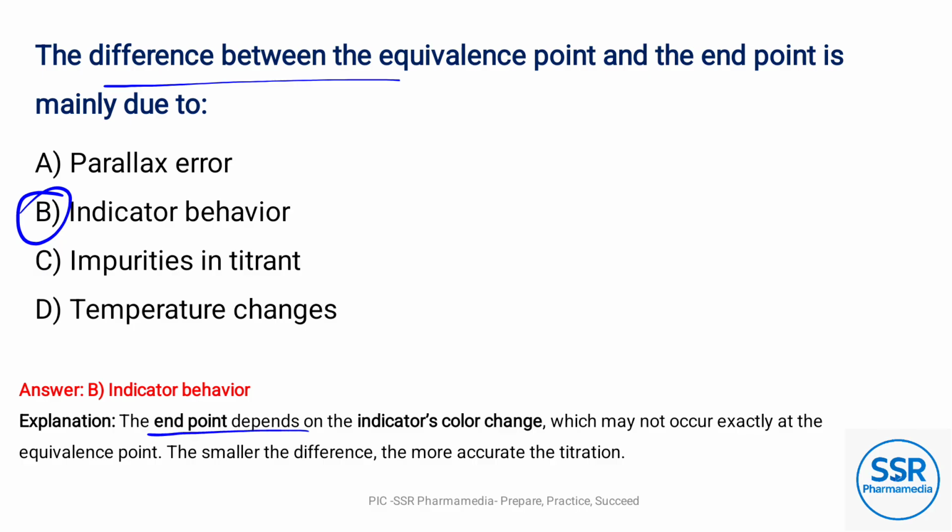The end point depends on the indicator color change, which may not occur exactly at the equivalence point. The smaller the difference, the more accurate the titration. So when we are doing the titration, a slight color change leads to an accurate titration reading.